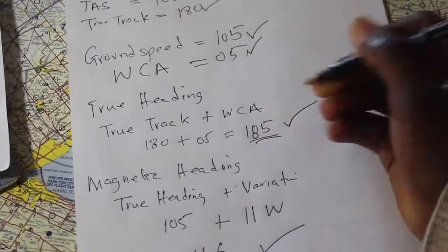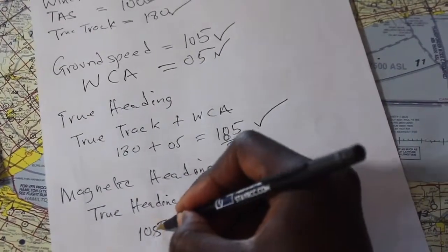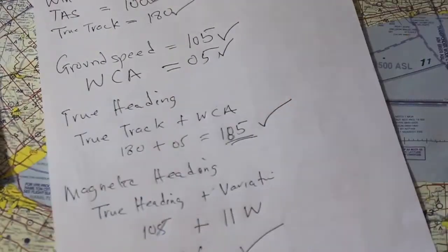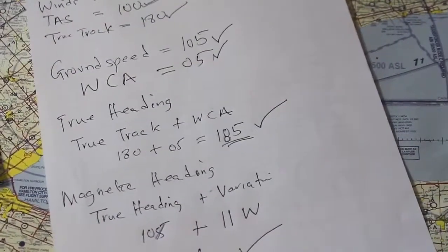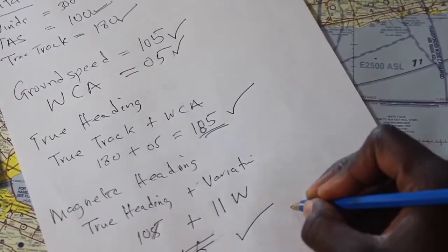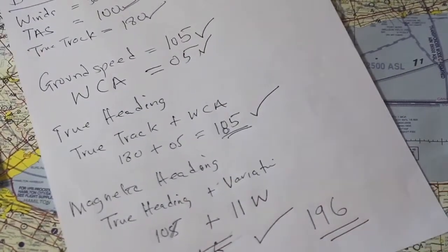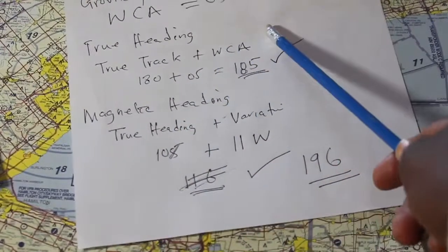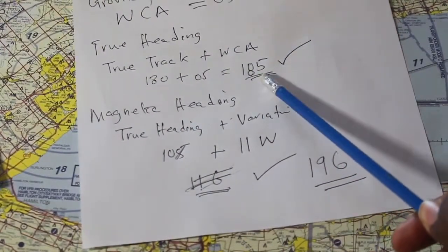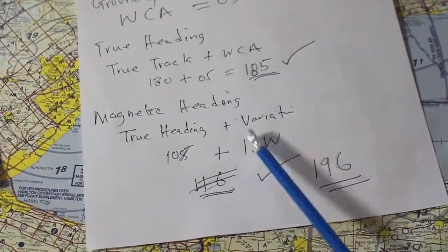I made that mistake. So our true heading is 185, which makes our magnetic heading 185 plus 11 degrees west. So the final answer for the magnetic heading will be 196. Now I urge you to use the same question and try finding the answer for yourself, and you will get to the same conclusion.